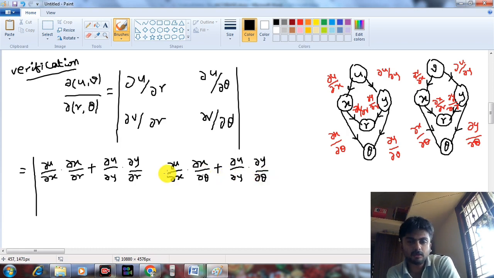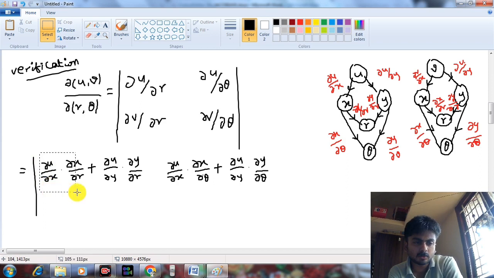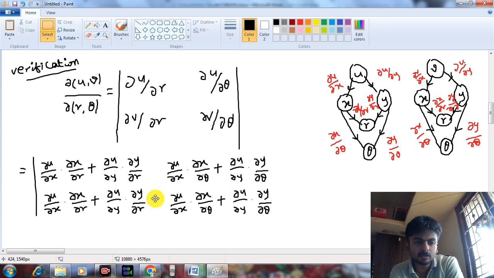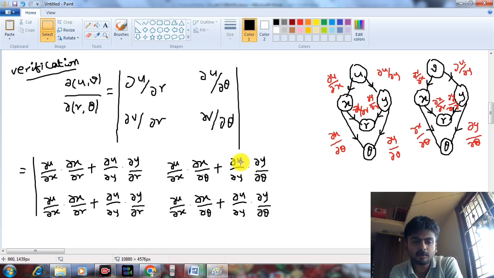Okay, now the second row elements are given by, instead of u we will have v. And the other things are common.